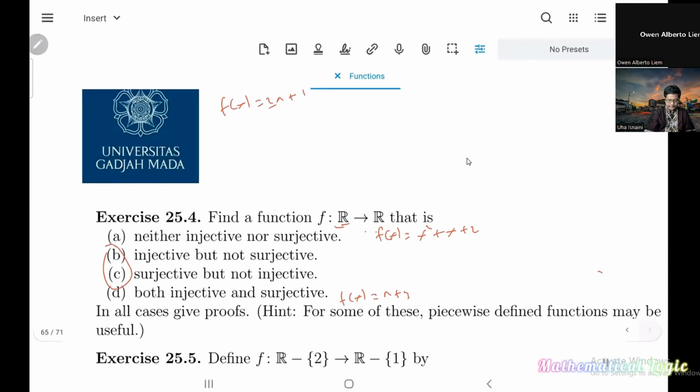So for this one, the easiest way for injective but not surjective is e to the x. This one is injective, and e power 0 is 1, right? So it should be okay.